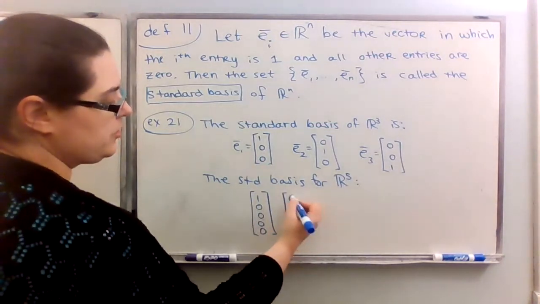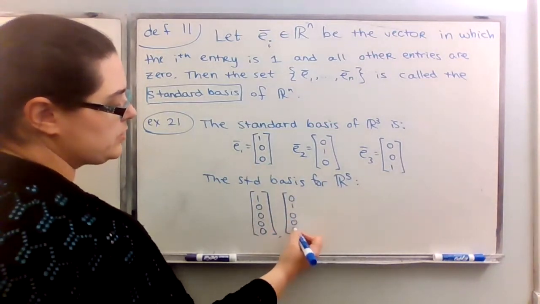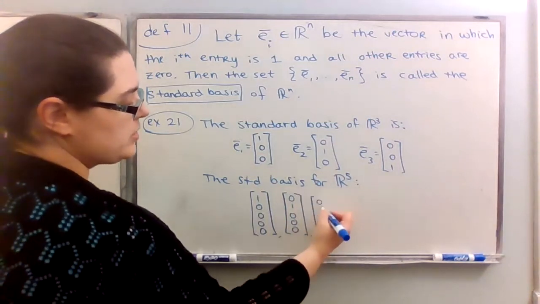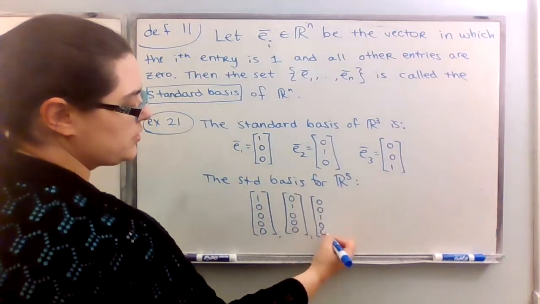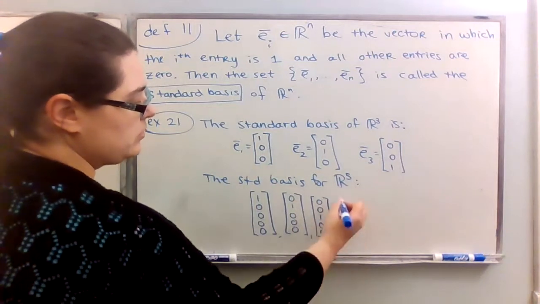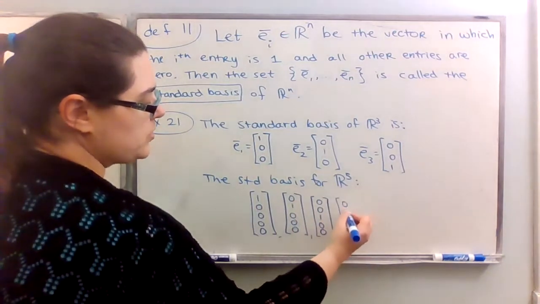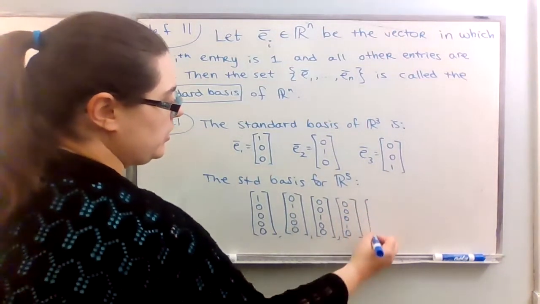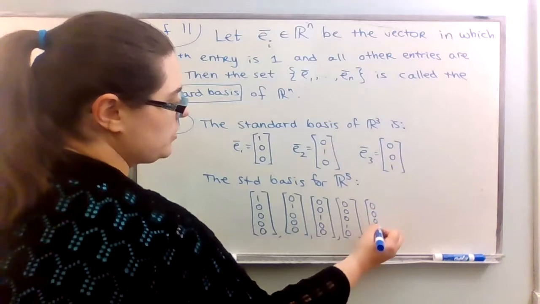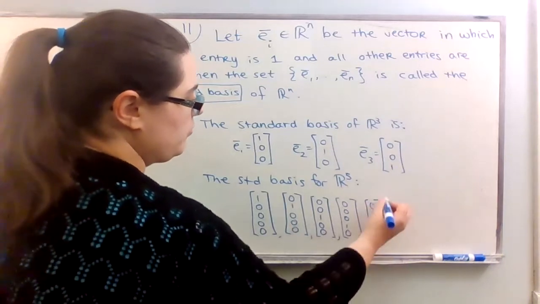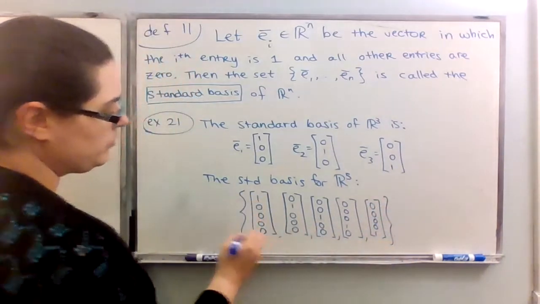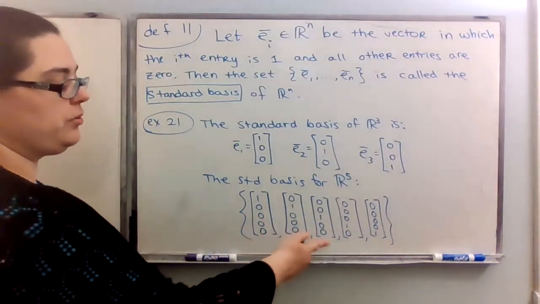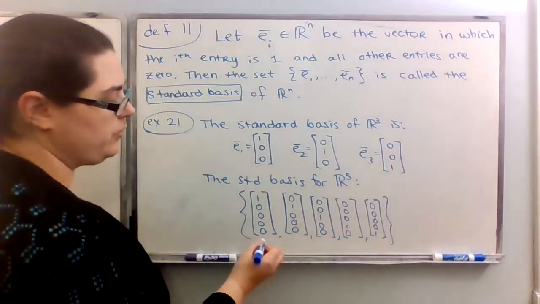And then we'll have 0, 1, and then 3 zeros. And then 0, 0, 1, 0, 0. 0, 0, 0, 1, 0. And then starting with 4 zeros and then a 1. So in R^5, this would be e_1, e_2, e_3, e_4, e_5.